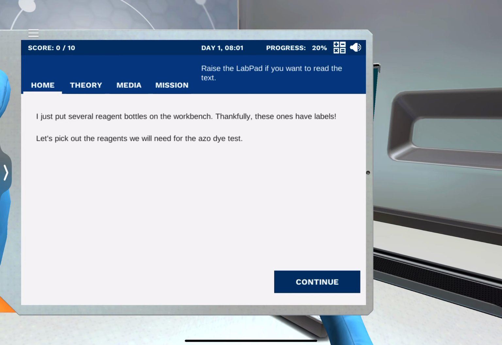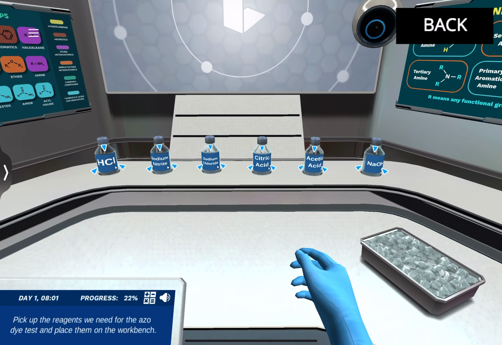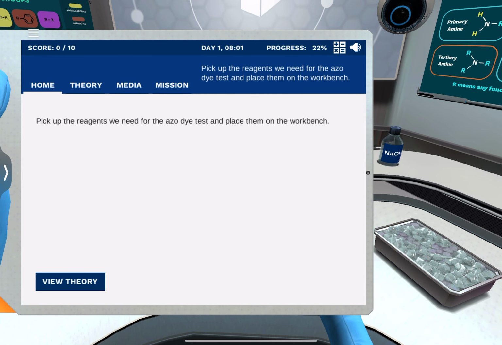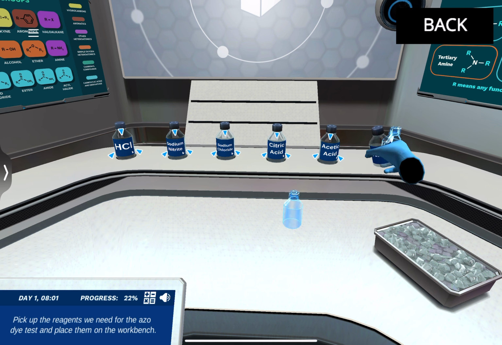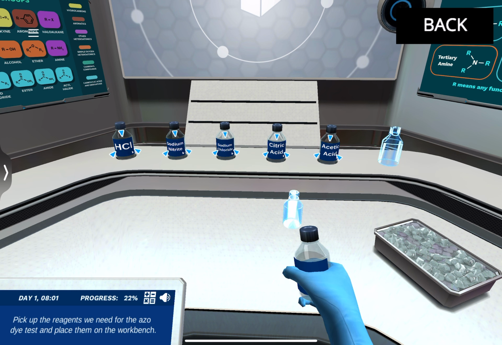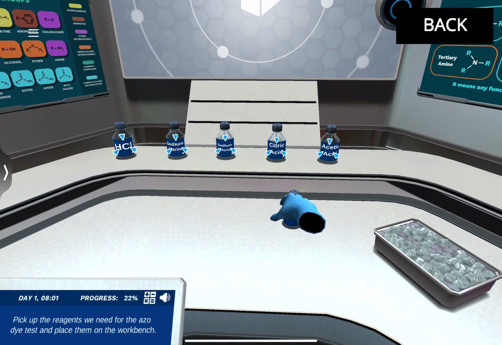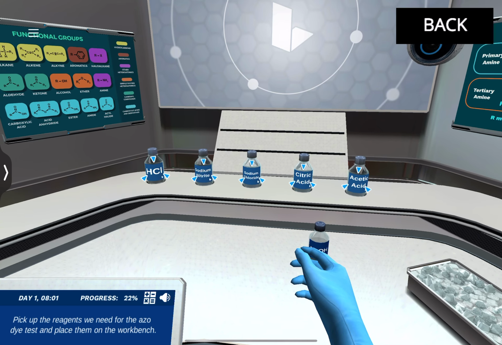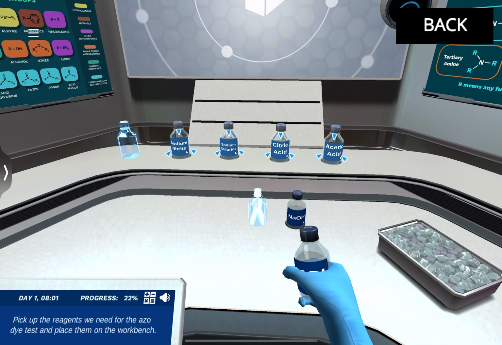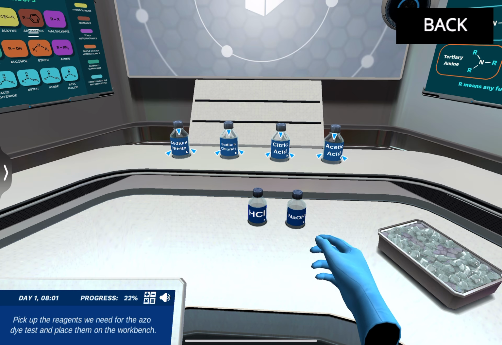Let's pick out the reagents we will need for the Azo Dye test and place them on the workbench. You are correct. Sodium hydroxide is used to prepare the beta-naphthol solution. You are correct. Hydrochloric acid is used to make nitrous acid.